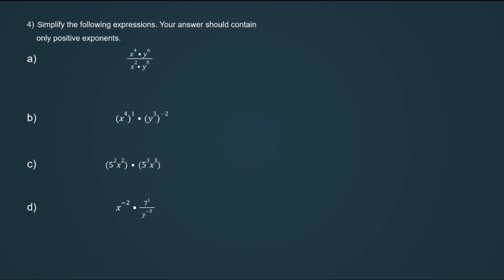Let me use a different color here. Like this, same base. We're going to subtract the exponents, okay? Top minus bottom. So for A, we've got x to the 4 minus 2, y to the 6 minus 5. That's just going to be x squared y. That's the answer for A.